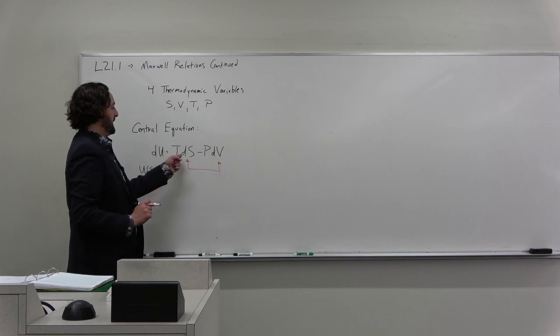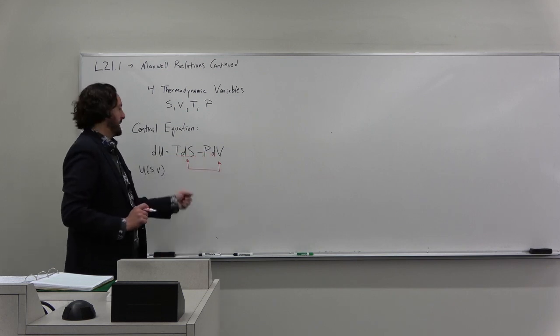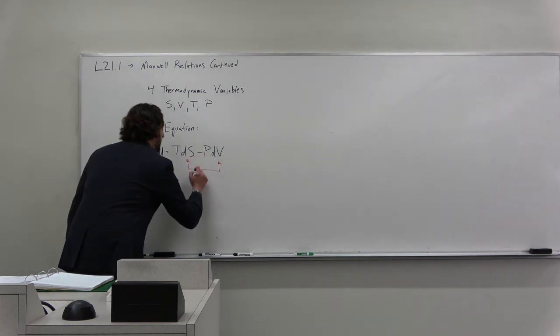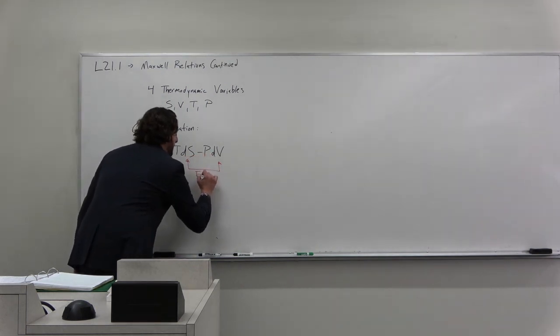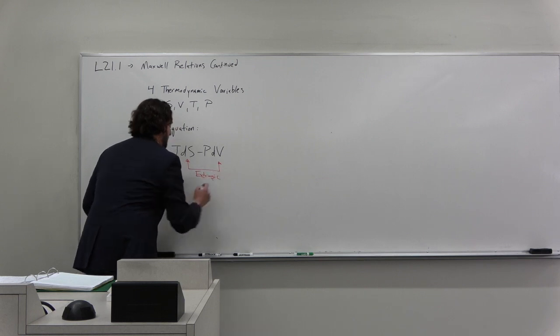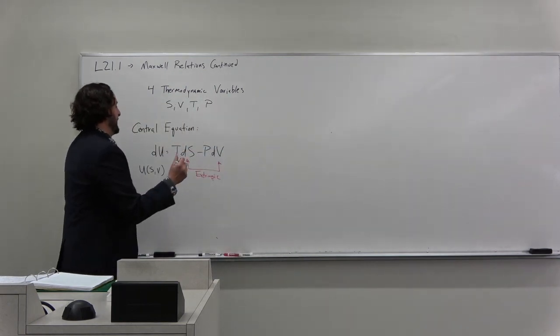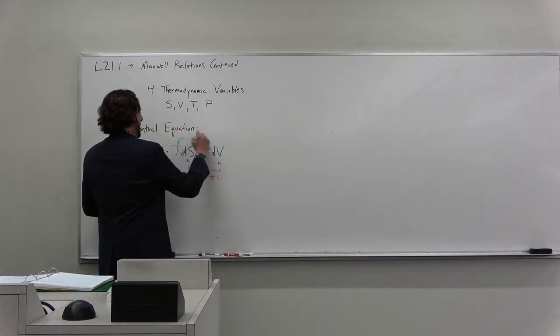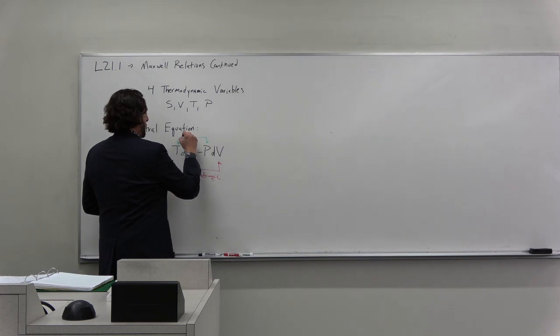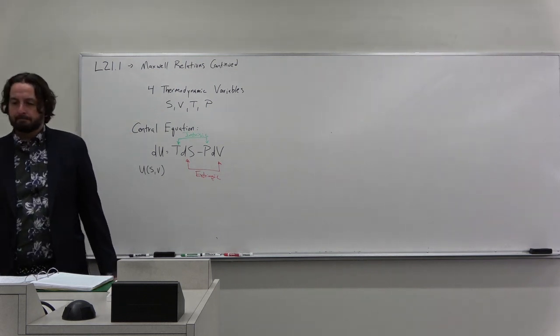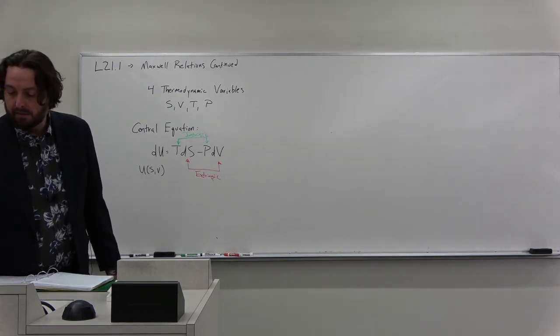So think about T, S, P, V. If I double the system size, the entropy goes up. If I double the volume, so that's extrinsic. Whereas T and P are intrinsic.